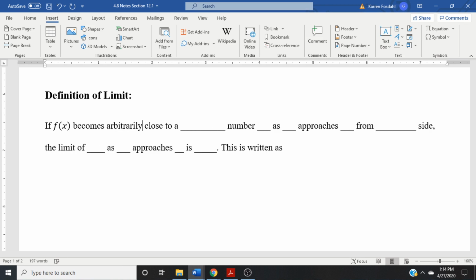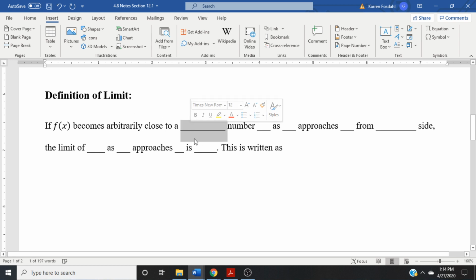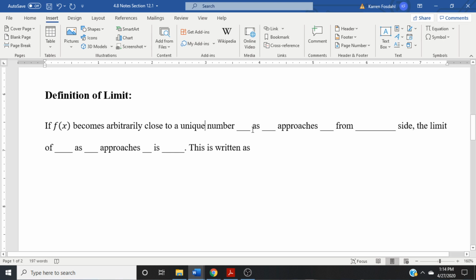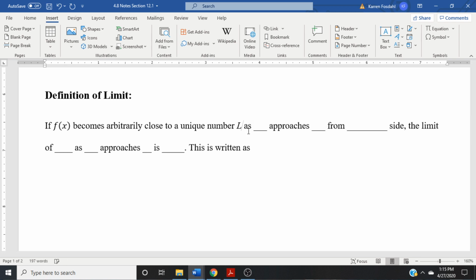Arbitrarily close to a unique number that's italicized, L.